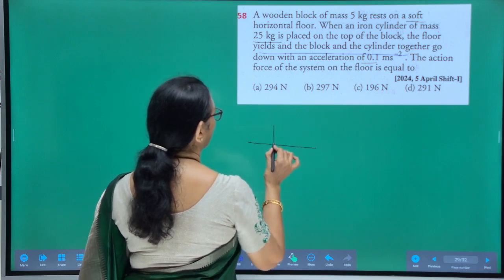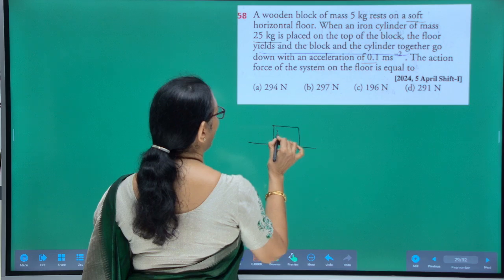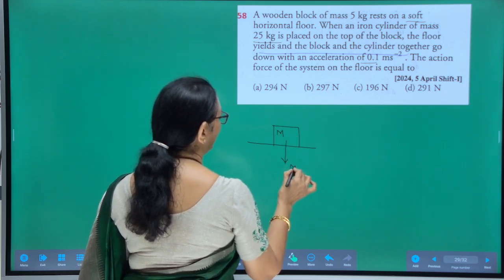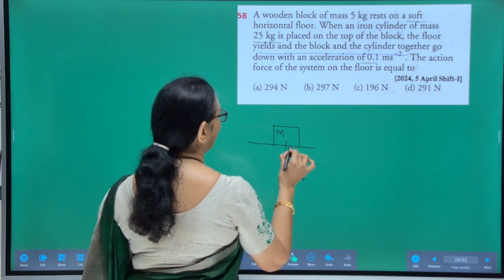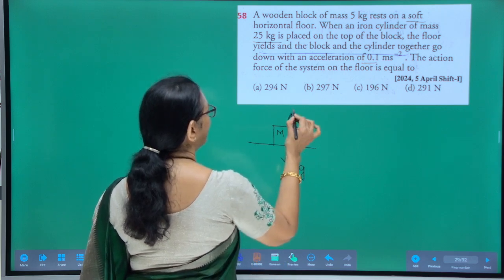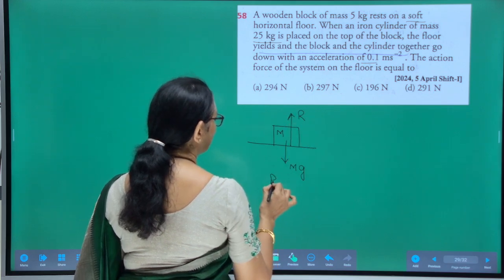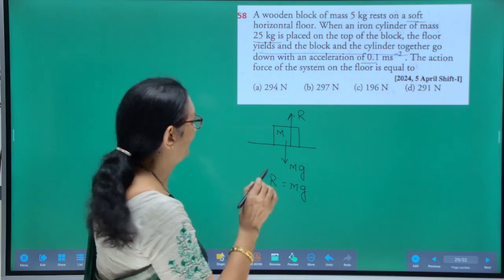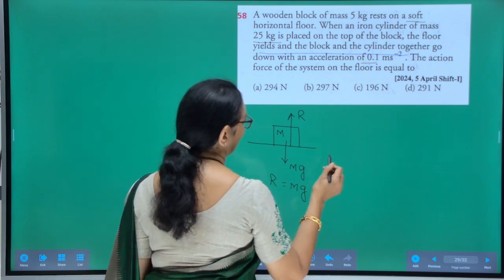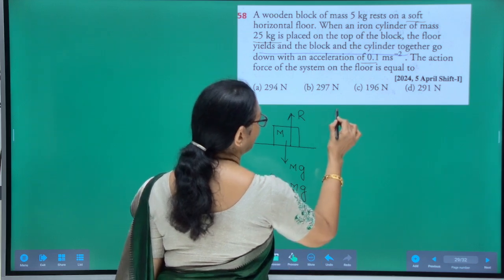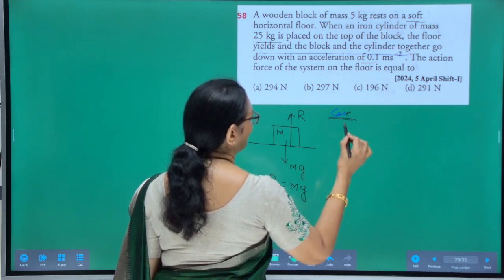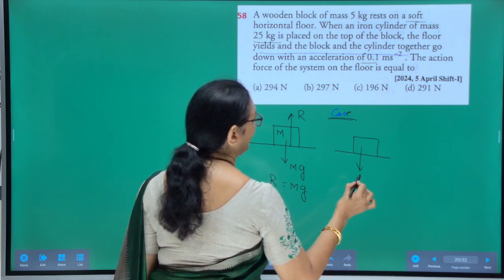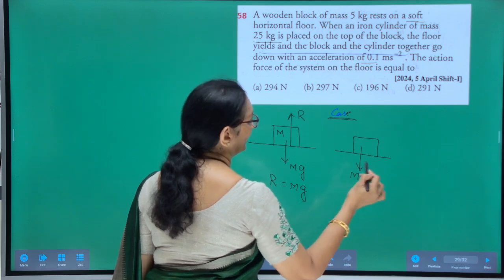Look here. When a block of mass m is placed here, its weight mg acts in the downward direction. So, the reaction force R is equal to mg, right? Here, let us see another case, a special case. This mg is acting on it in the downward direction.